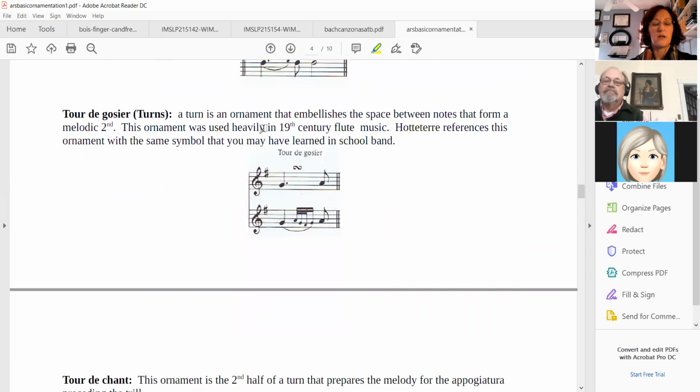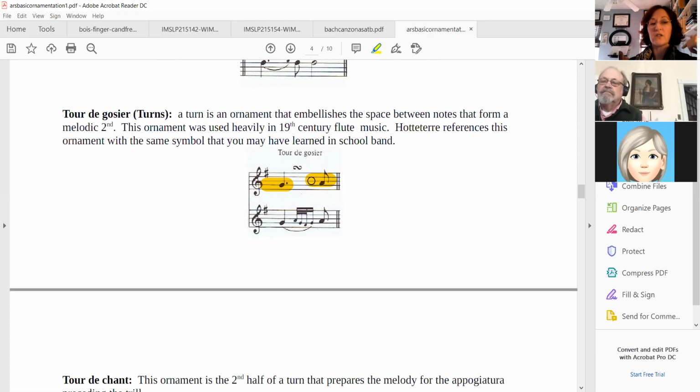Now this one, the turn. The turn is an ornament that embellishes the space between notes that form a melodic second. G, A, there's your melodic second. This ornament was used heavily in 19th century flute music, but its origins are much earlier.